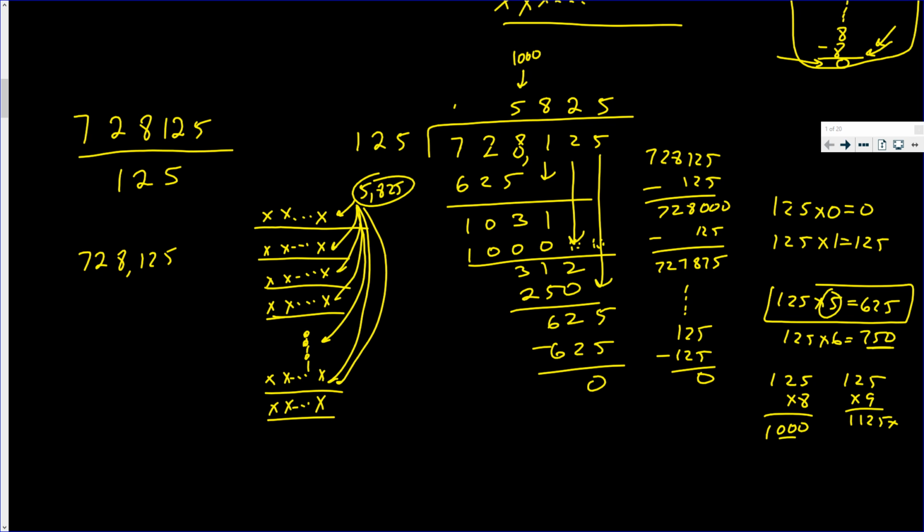If you have $728,125 and you think you're gonna make a lot of money buying this item for $125 because you'll be able to sell it for significantly more, you can buy 5,825 of them. Again, no taxes.